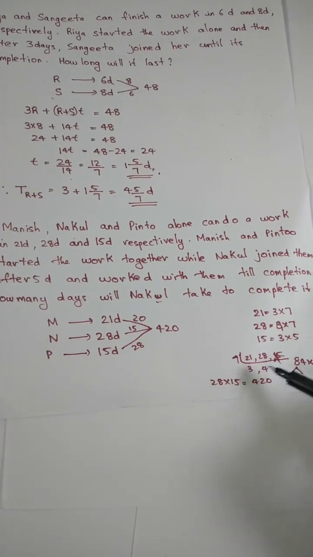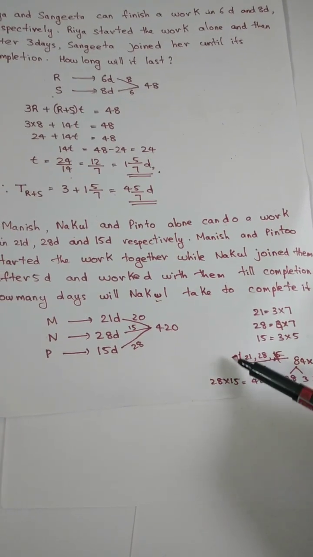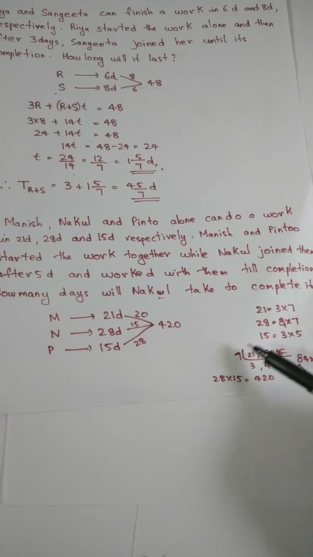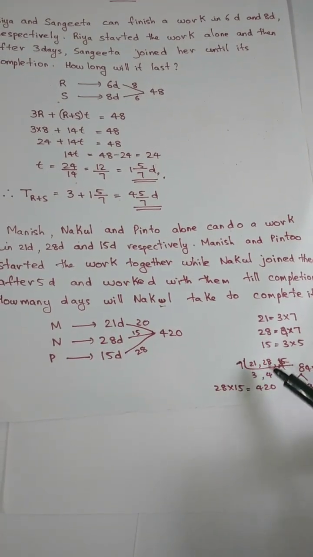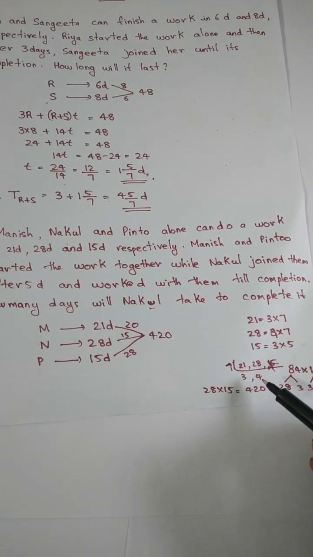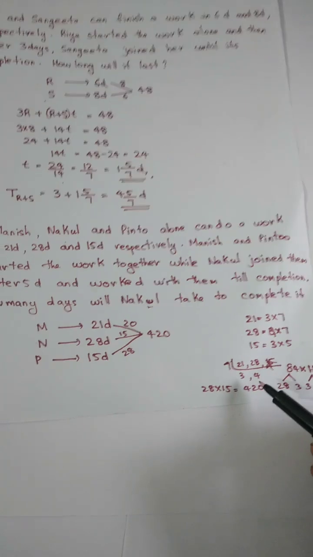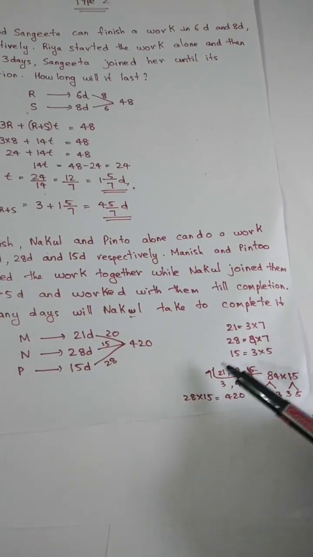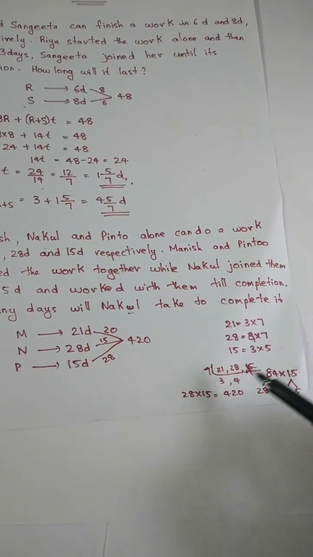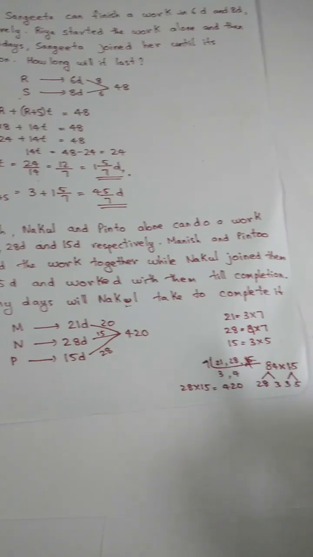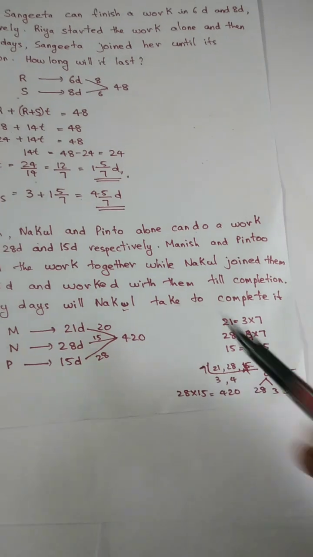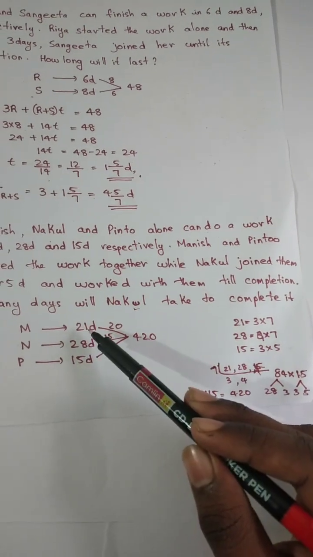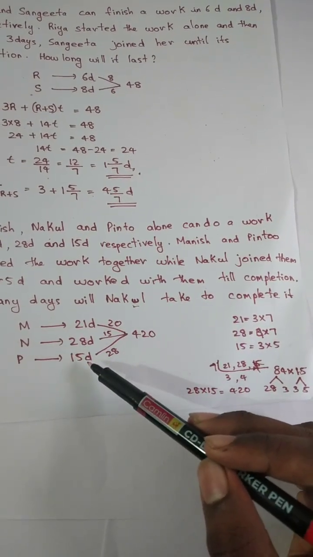So 7, 3 and 4 would be the multiples. 7 into 3 would be 21, and 21 into 4 would be 84. 84 can be divided by both 21 and 28, but it cannot be divided by 15. So multiplying 84 by 15, we would get a multiple that's divisible by 21, 28 and 15.